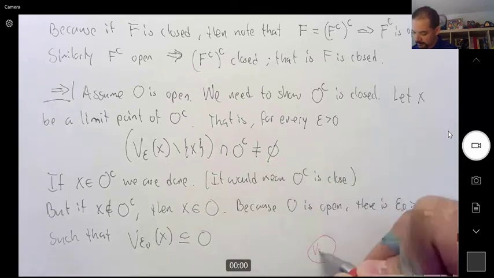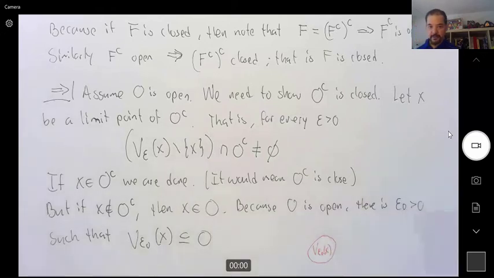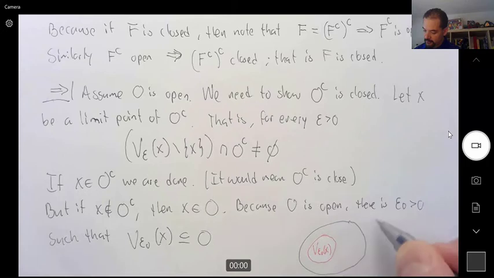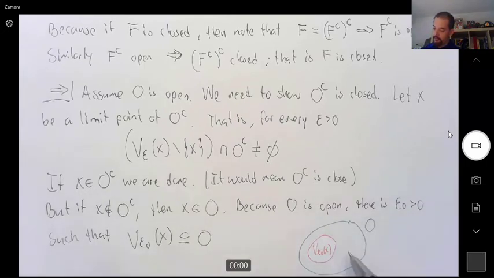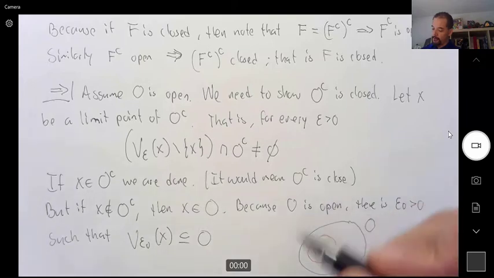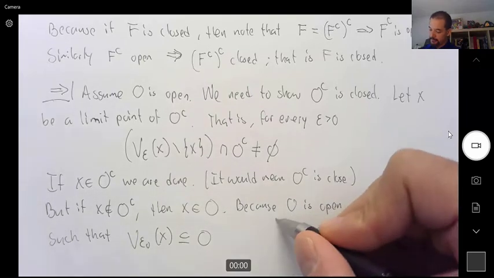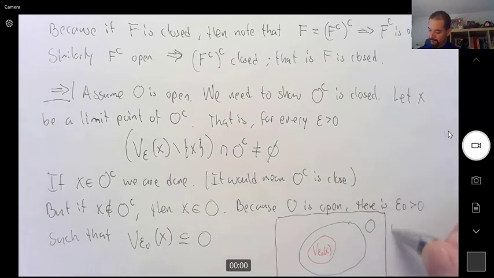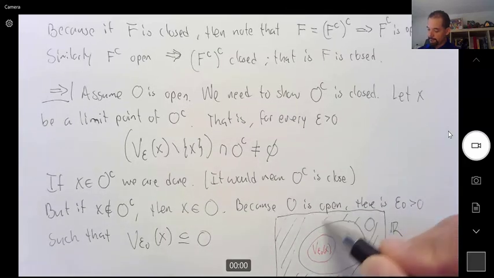This is V epsilon zero centered at X. And all of that is inside O. Let's say that this is O. And because it's inside O, then it's not in O complement. O complement is everything that's outside. So if this was all the real numbers, this stuff outside, that would be O complement.